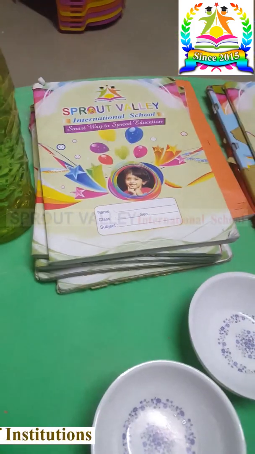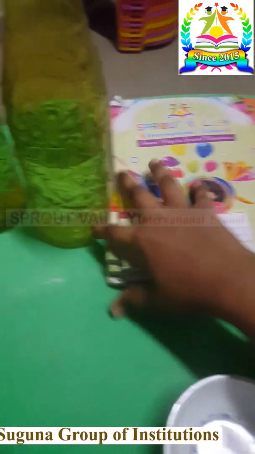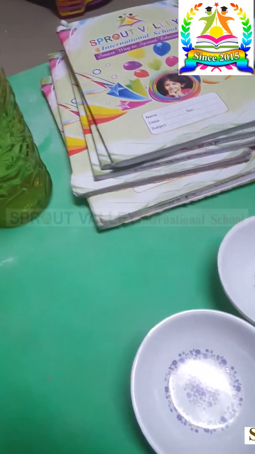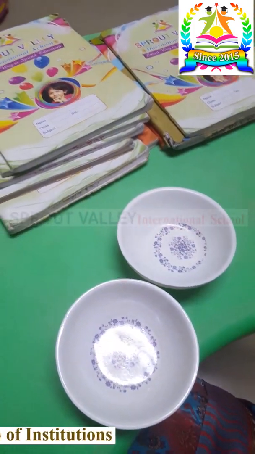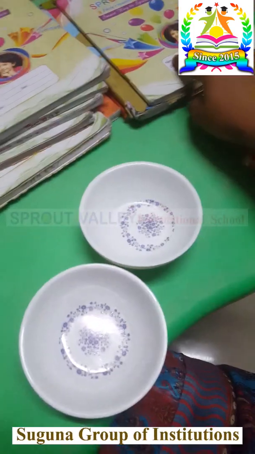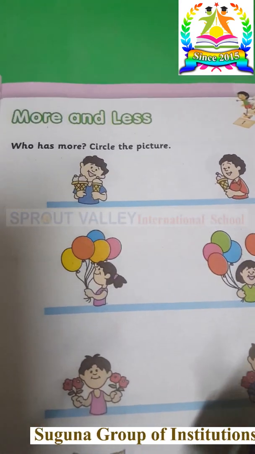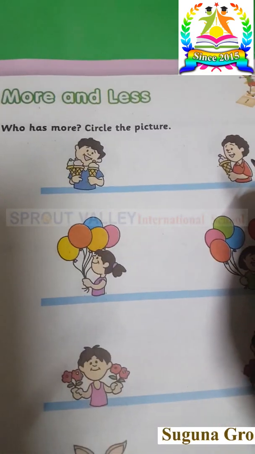We are having 3 books in one set and 6 books in other set. So which is more and which is less? This is more and this is less. Okay, I hope you understood. I have given some examples so that you'll understand.